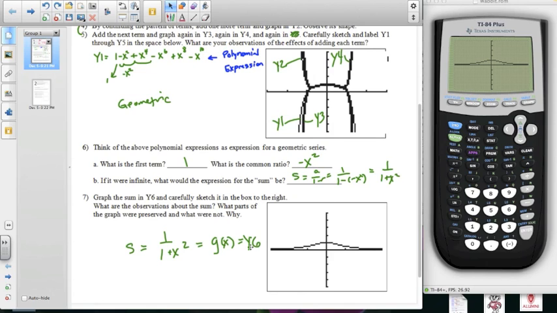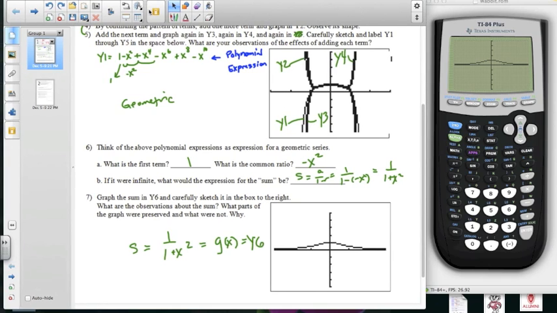So when we look at these polynomial expressions, they follow the value of this function, and this is a non-polynomial. Okay, and so they closely mimic this non-polynomial function that represents the sum of the infinite series.